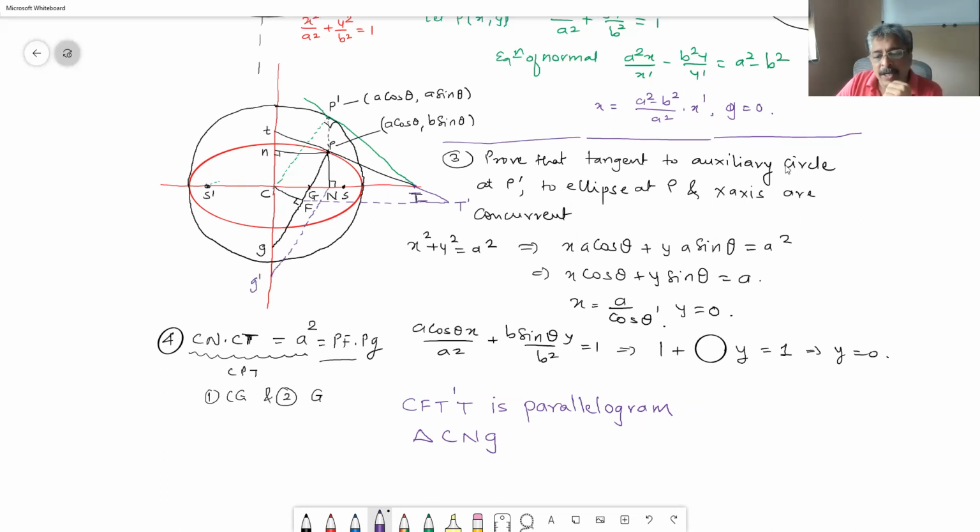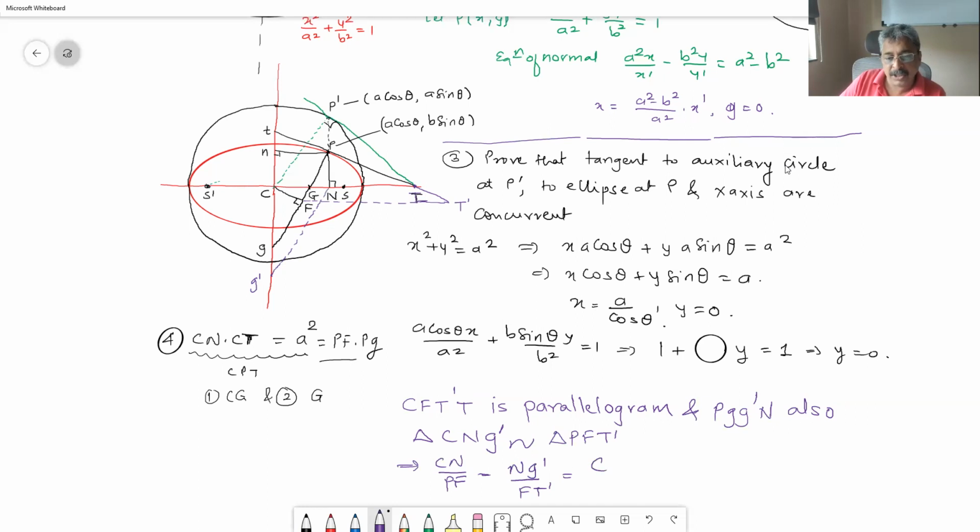So, PGG dash N is also a parallelogram. So, triangle CNG dash is similar to PFT dash. Correct? Therefore, the ratios that you get: CN upon PF is equal to NG dash upon FT dash is equal to CG dash upon PT dash.